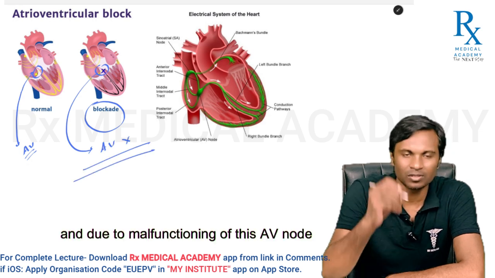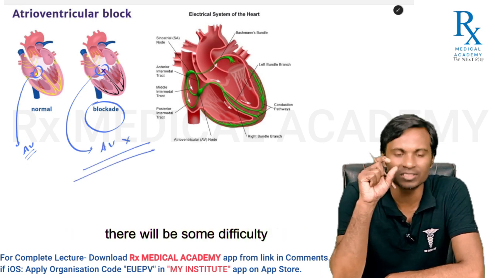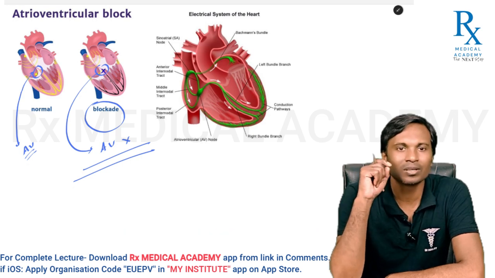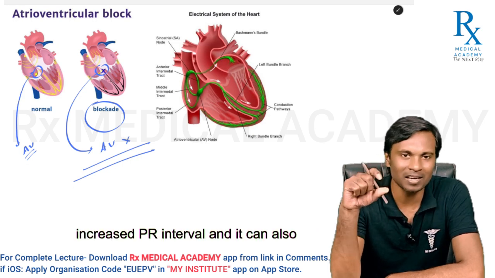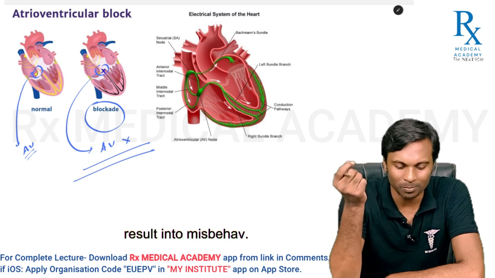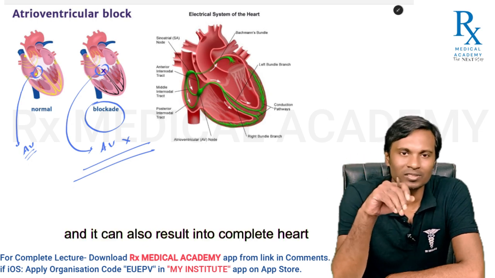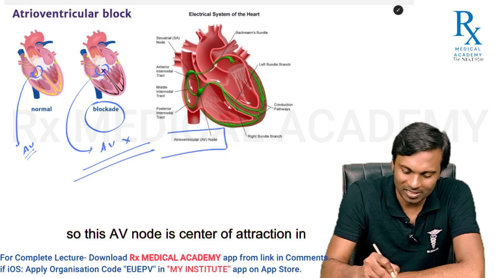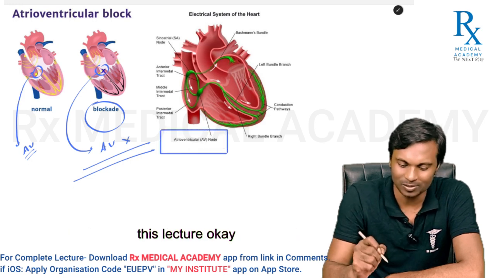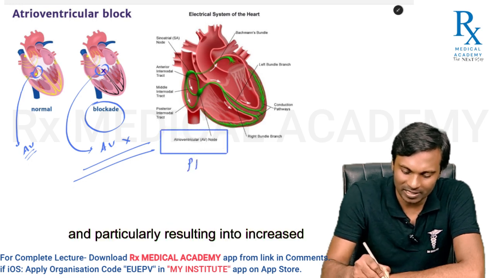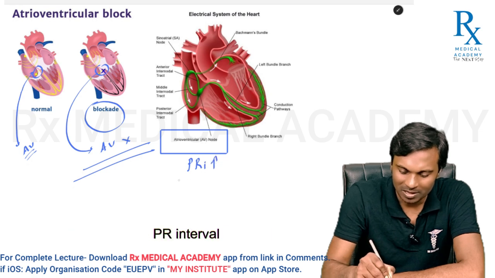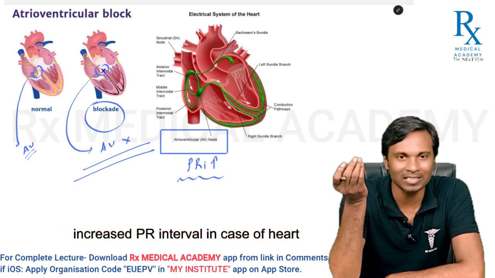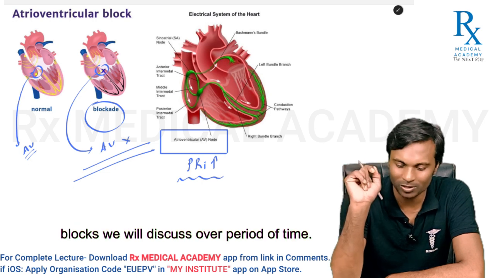Due to malfunctioning of this AV node, there will be some difficulty in passage of impulses across this AV node, which can result in increased PR interval, and it can also result in missed beats, and it can also result in complete heart block. We will discuss. So this AV node is the center of attraction in this lecture, and particularly results in increased PR interval. But it is not absolutely mandatory to have increased PR interval in case of heart blocks. We will discuss over a period of time.